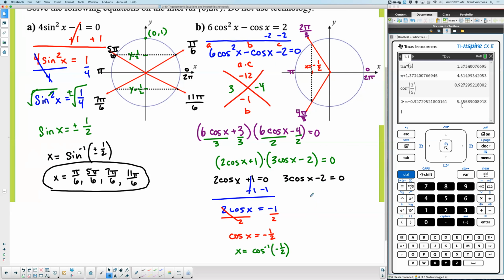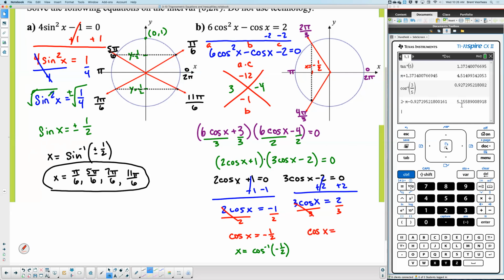Okay, now let's go ahead and solve this one. What would we do first? We would add 2 to both sides. So 3 cosine x equals 2, and then we would need to divide by 3.